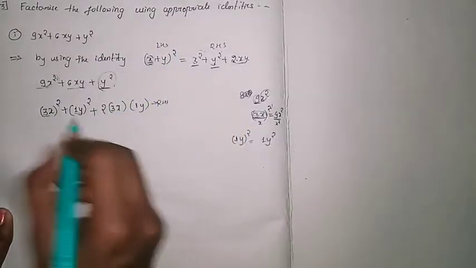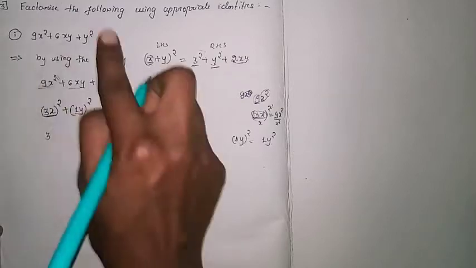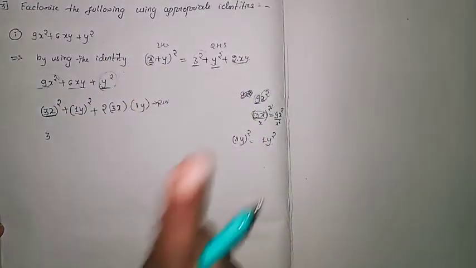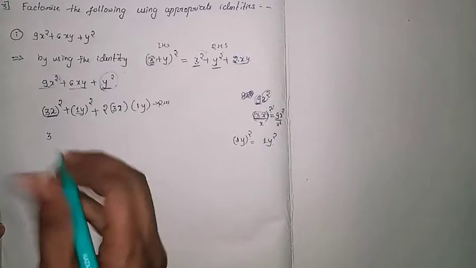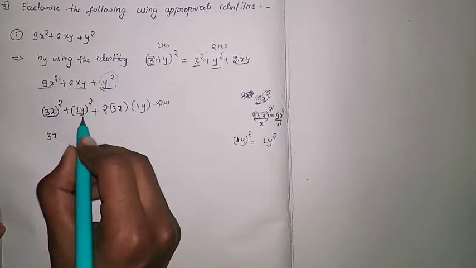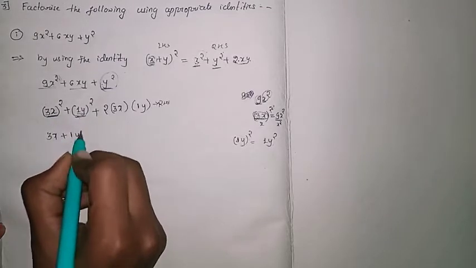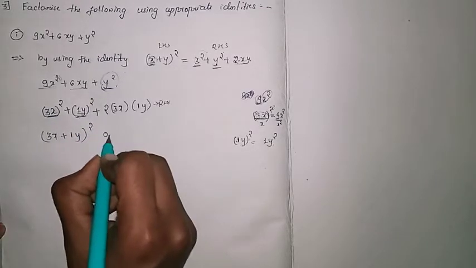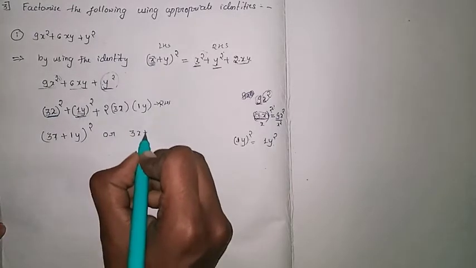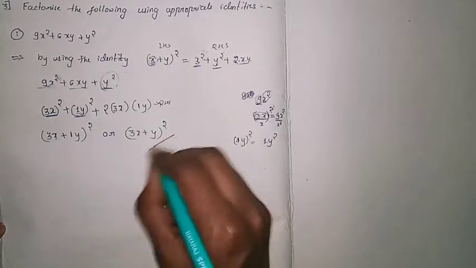So which is the x term here? This is 3x, don't write 3x square, we want only the x term. So the x term is 3x, and this is the y term. So it is 1y whole raised to square, or you can write (3x plus y) whole raised to square. So this is our final answer.